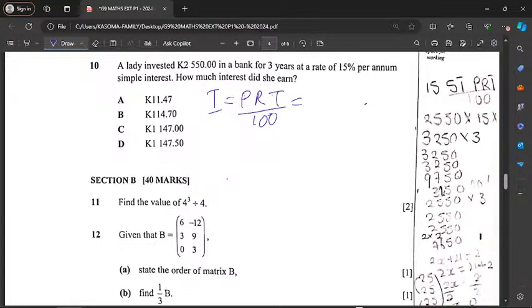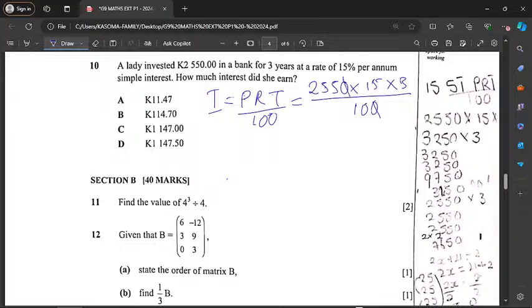The principal we are told is 2,550 kwacha times rate, that is 15%, then times years, it is 3 years, then over 100. Okay, so to simplify this, we are going to cancel the 0 which is down here and the 0 which is on top here, so that we have 10 here.